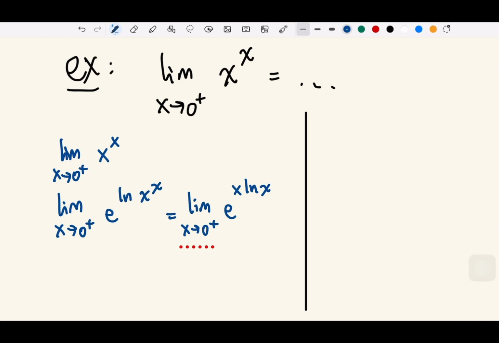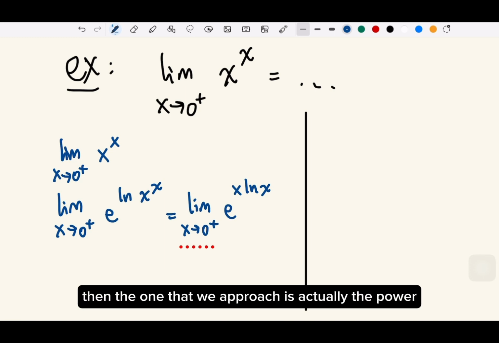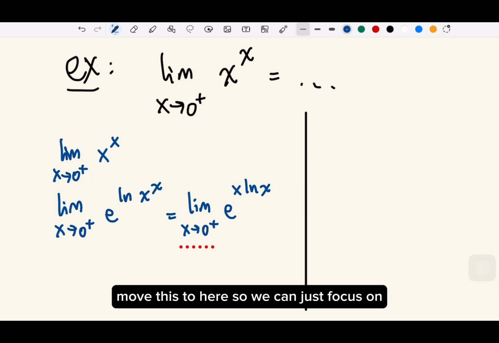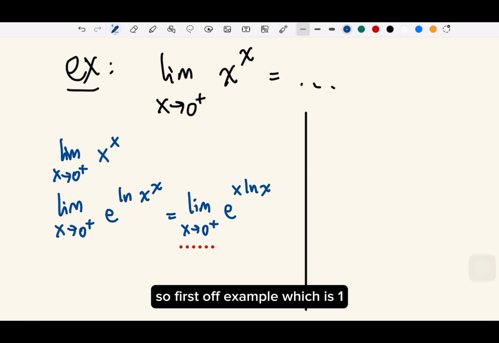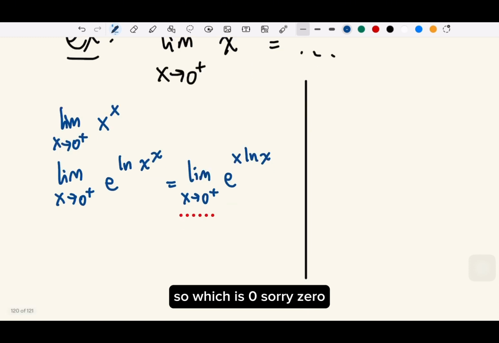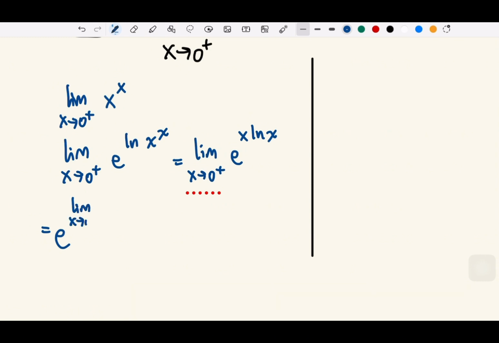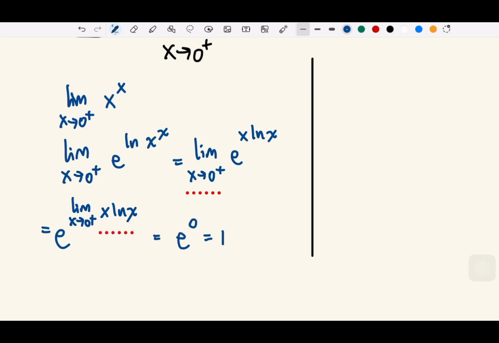Since e is a constant, the part that we approach is actually the power, right? Only this one. So we can just focus on finding the limit of x ln x. And since x ln x we have done before, in the first example, which is 0, sorry, 0, we can write e with power of the limit of x ln x. In this case, we have e with power of 0, which is 1.